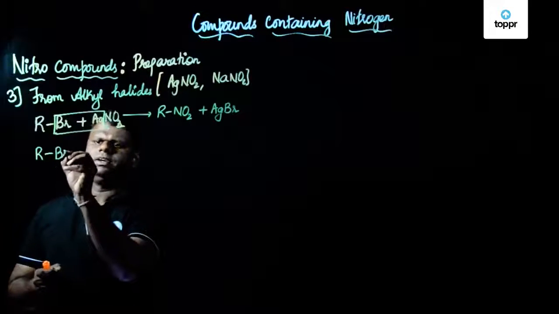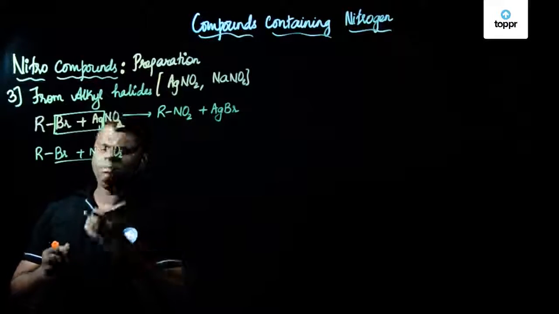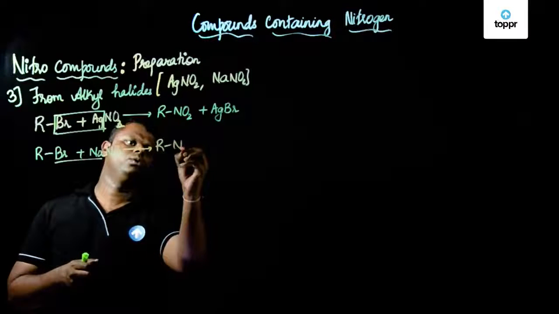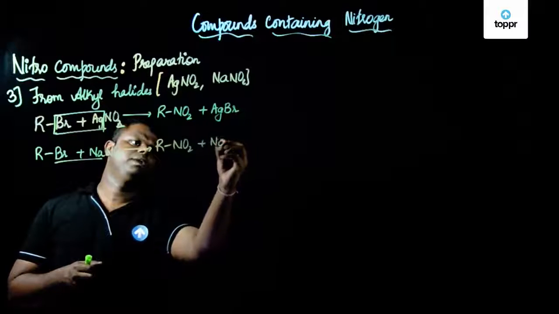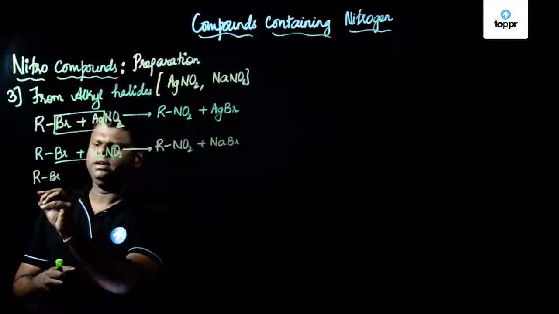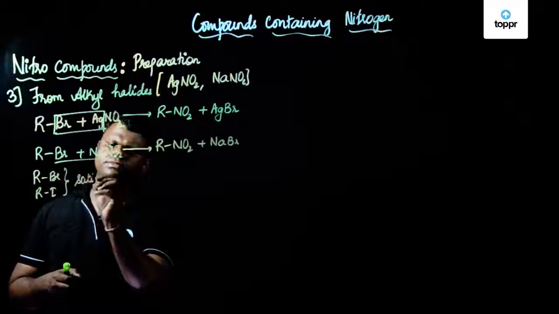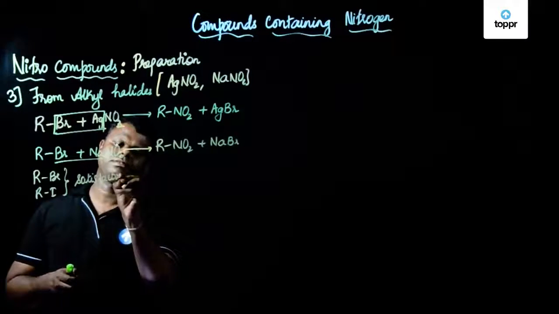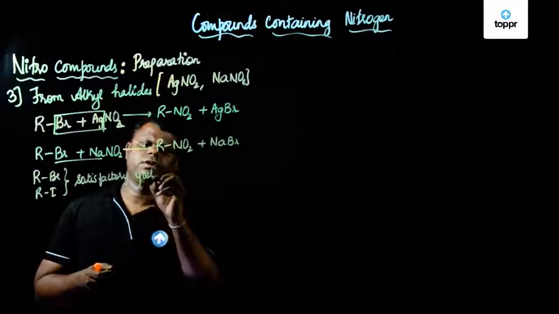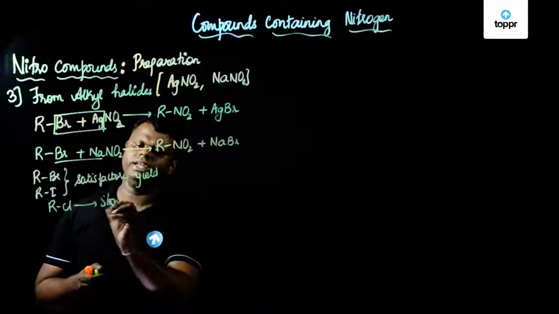Similarly, you could have treatment with NaNO2, that is sodium nitrite. Na goes with Br in the form of NaBr and then you would be left with RNO2 plus NaBr. In this case alkyl bromides and alkyl iodides give satisfactory yield, whereas for alkyl chloride the reaction is very slow.